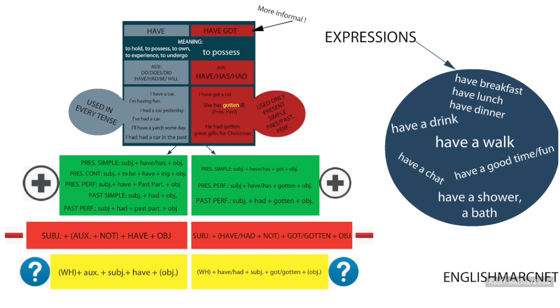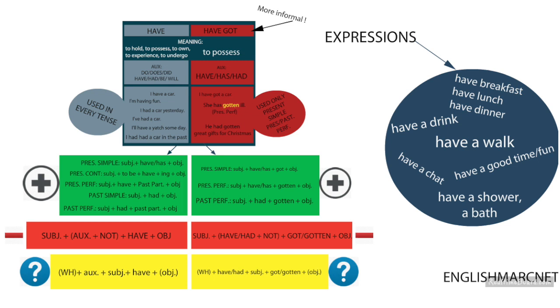So in the drawing, the auxiliary that you use with have, if you want to use it, you need to consider do, does, did for the past, have again for the present perfect, had for the past perfect, to be for the present continuous, and obviously for the future, the auxiliary will.